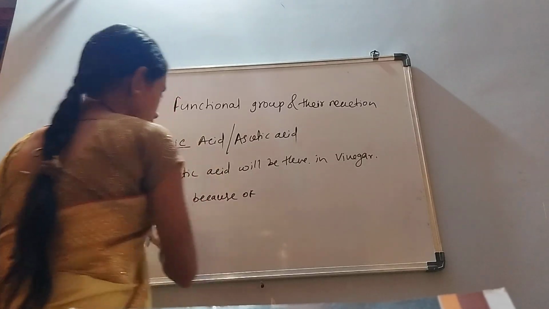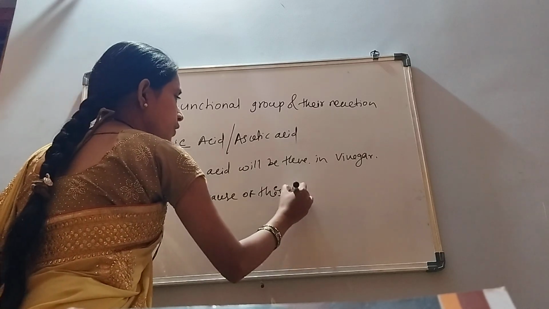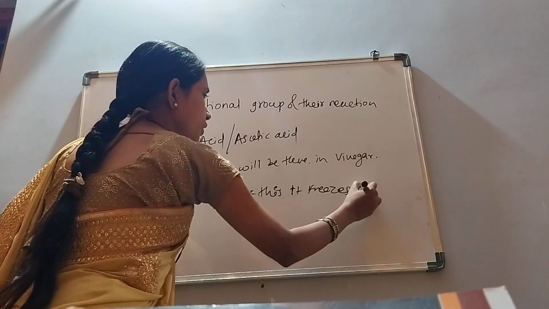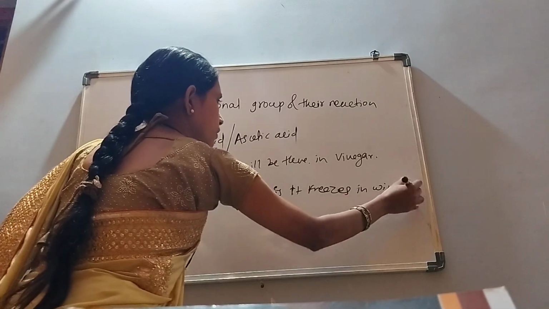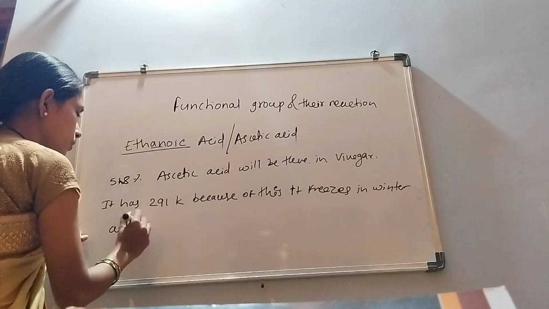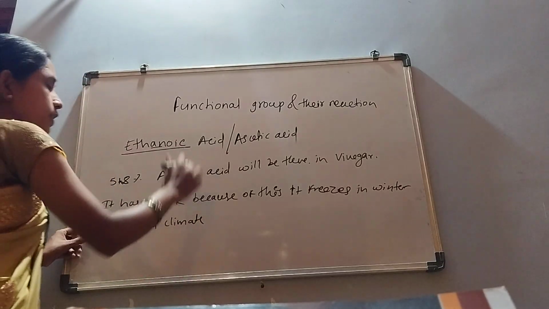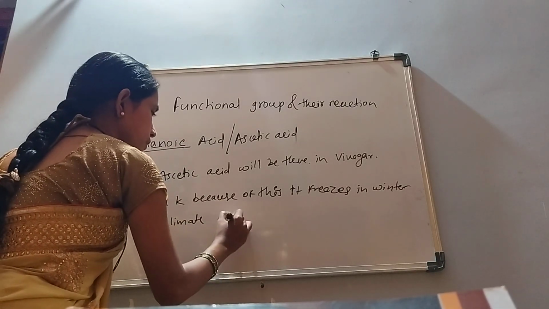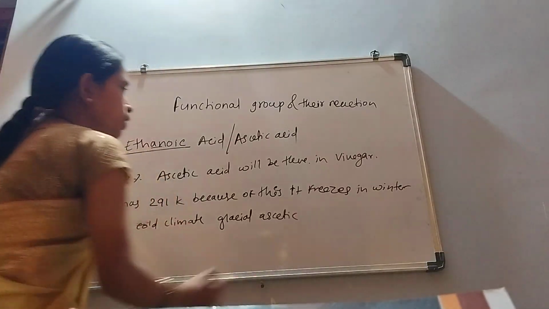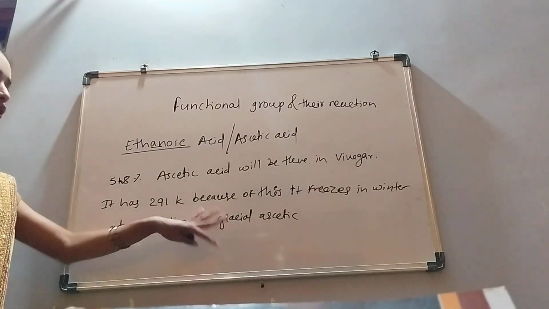So because it freezes in the winter season in a cold climate, we call it glacial acetic acid.